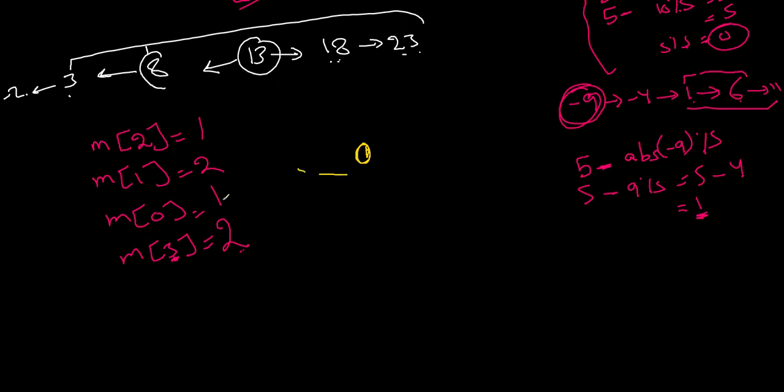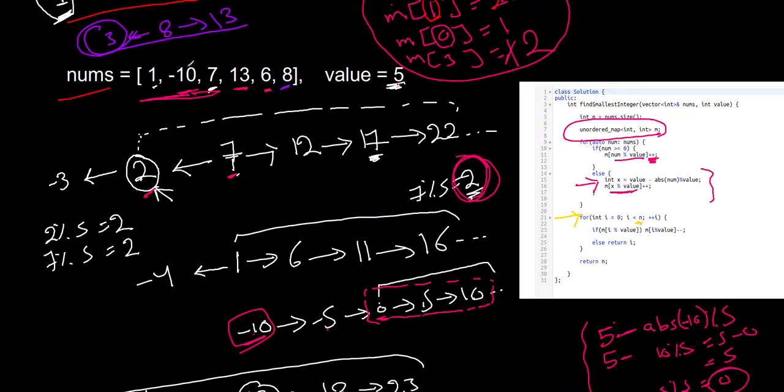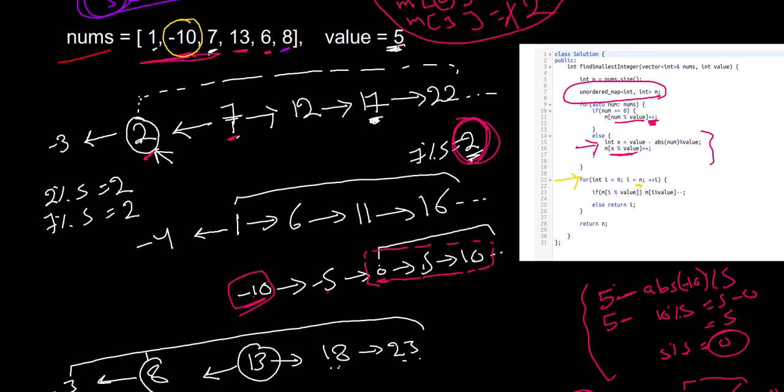We need to check here if we have count 0. The answer is yes, since m of 0 equal 1, so we can cover 0. And we decrement this by 1 because we used that one to have this value 0. And this was this value minus 10. We use it to reach the value 0 by adding 5 twice.